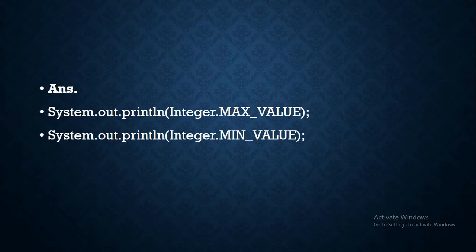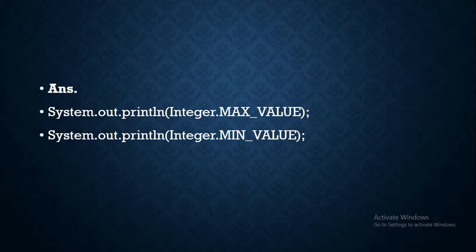I have already cleared this many times. Like if we want to figure out the maximum value of integer and the minimum value of integer, there is no worry about it. What we have to do is simply write a line of code, System.out.println, which I have already discussed.